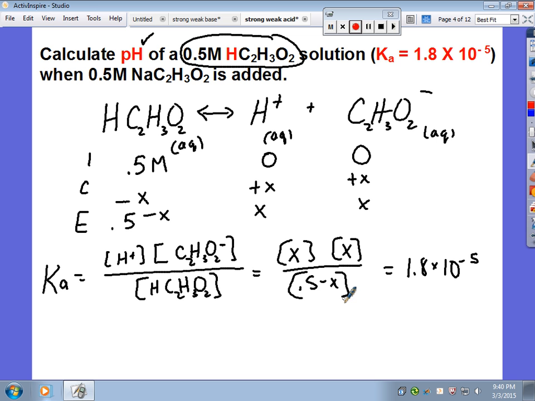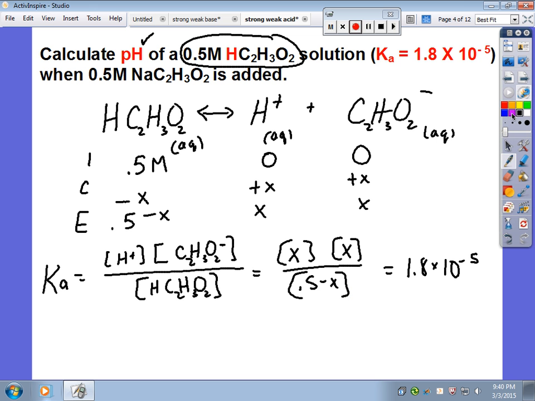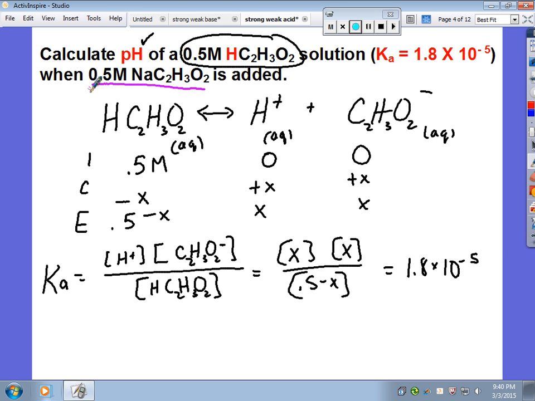Okay, now, that is if I just do a weak acid problem. What's the deal here? I have this going on here, don't I? So what's true? If I put sodium acetate into a beaker, I have these two ions because it completely splits apart.